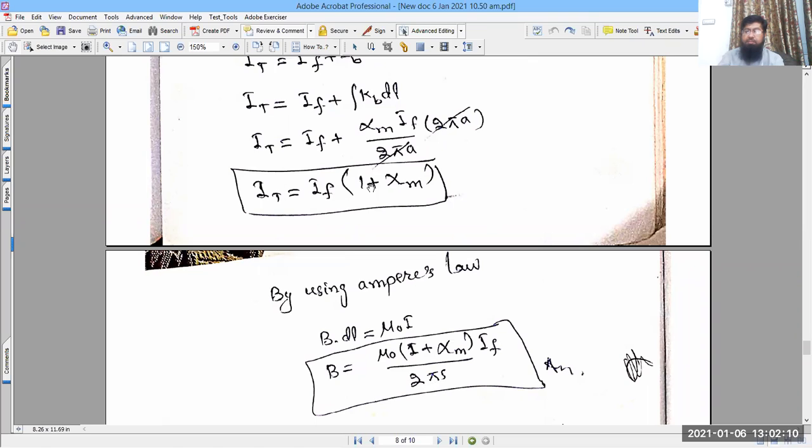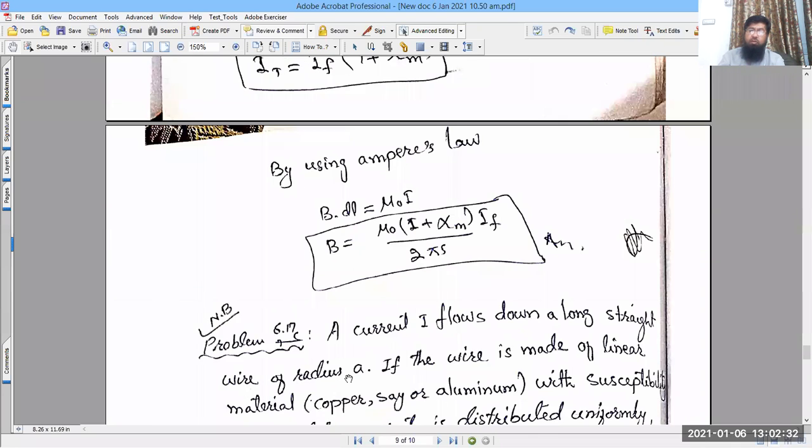This is the I. Clear? So just substitute the value, 1 plus chi of m into I_f. So this is the magnetic field inside, in between the inner cylinder and outer cylinder, which is from distance a to distance b. So here this is the magnetic field between these.